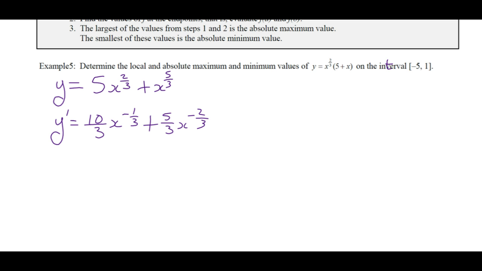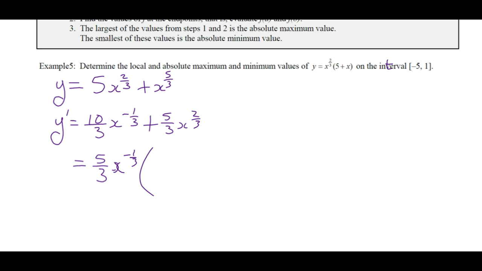Okay, so we should take out a common factor. I thought it was -2. x to the -2. You're right. Positive 2/3. Good. Just keeping you honest, right?